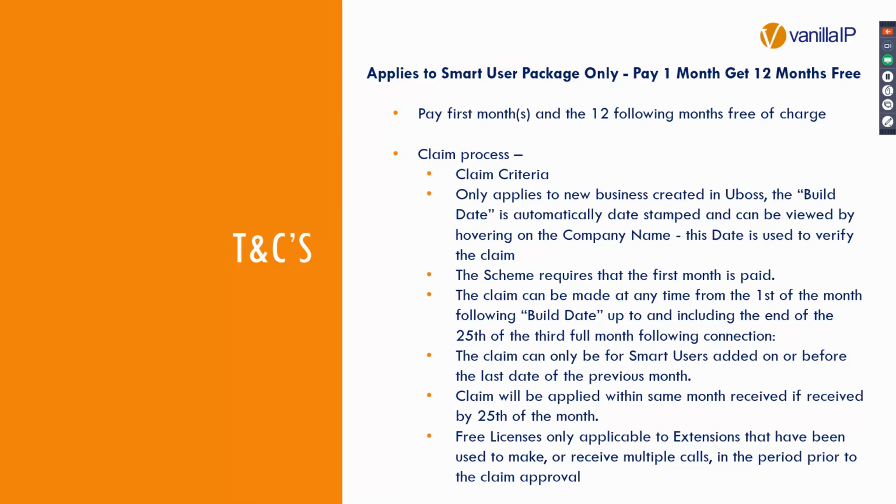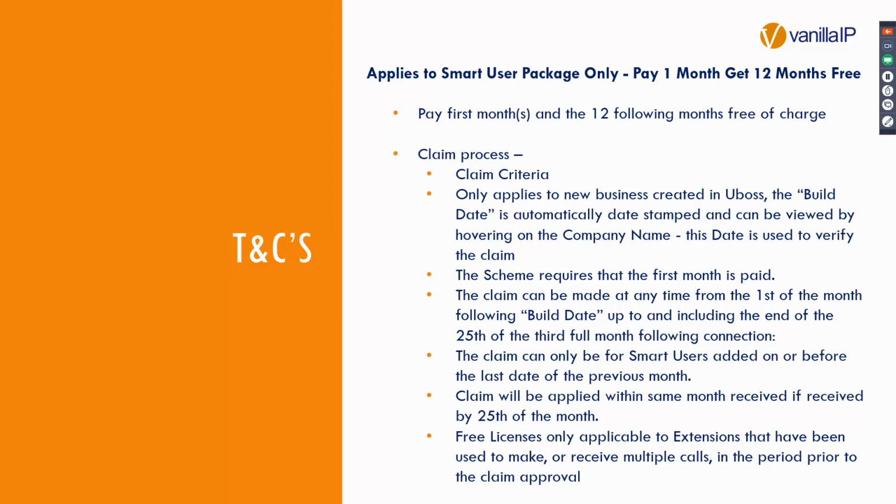And this allows us to extend this to a customer of any size, so there are no minimum handset requirements, and it means that there is no rush at the end of the month. You can make the claim early in the following month, and we all have time to get these free license months placed on the customer and working through UBOS rather than running the risk of having credits and all that sort of thing going on.